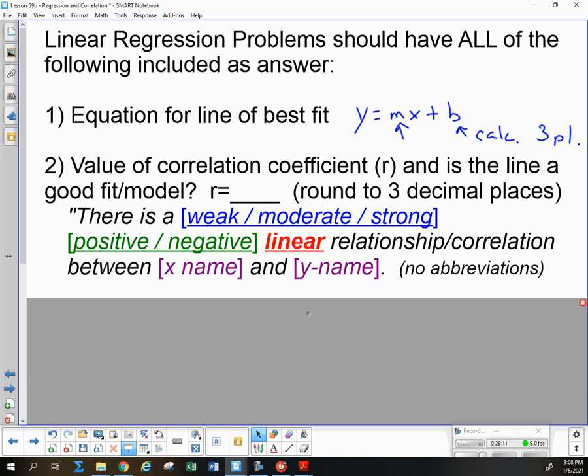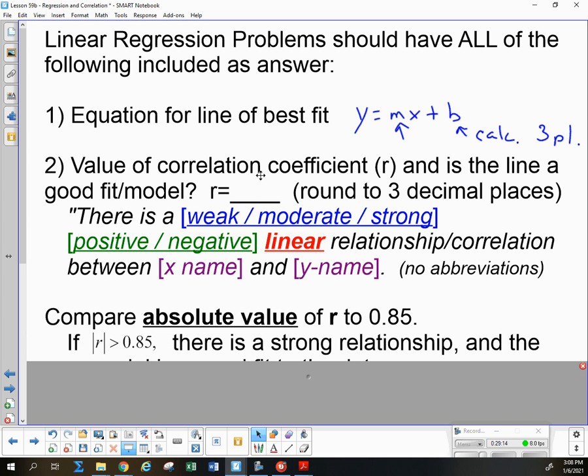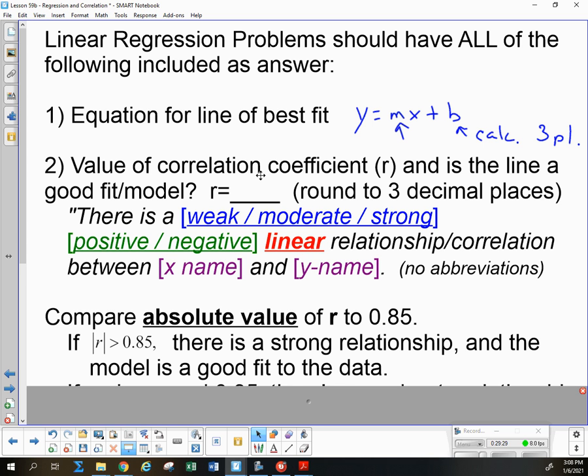So to decide weak, moderate, or strong, we generally use kind of 0.85, 0.8, somewhere around there. If it's 0.85 or higher, 0.9, in terms of the absolute value, we'd say there's a strong relationship and our model's a good fit to the data.